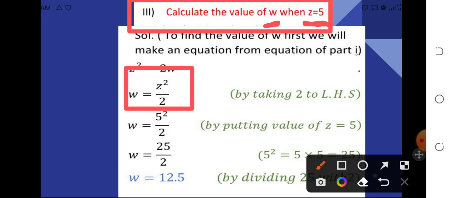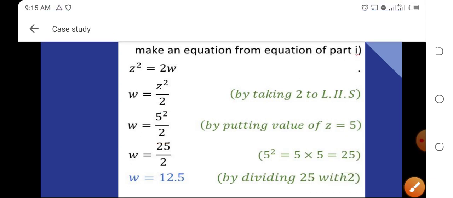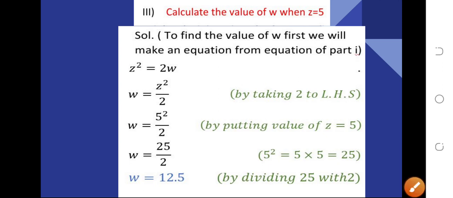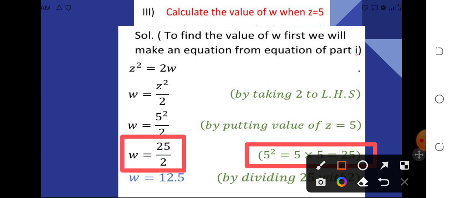By putting this value, we find the equation W is equal to 5 square upon 2. 5 into 5 will be 25, because 5 has a square, and we get the equation W is equal to 25 upon 2.